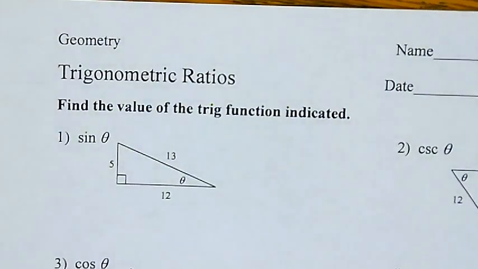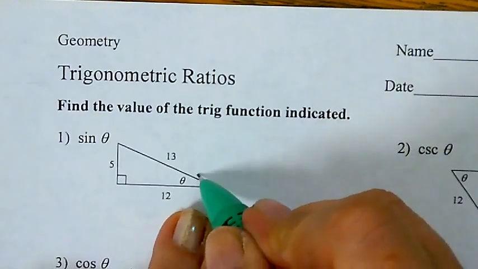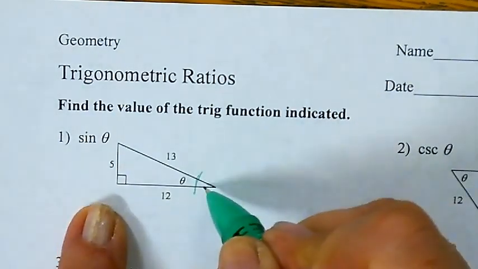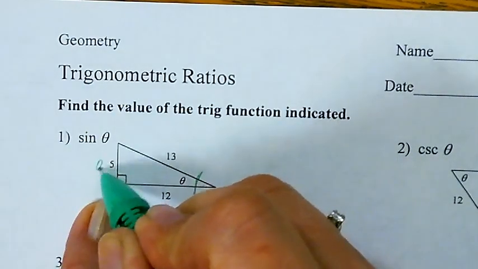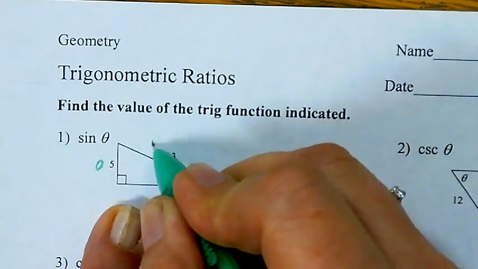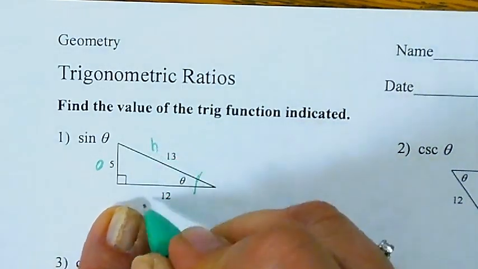So the first thing I want you to do is go through and just label all 12 of these as opposite, adjacent, and hypotenuse. So here we're using this angle. So we're going to label it opposite. This is the hypotenuse. And that's the adjacent. So just go through and label them all.